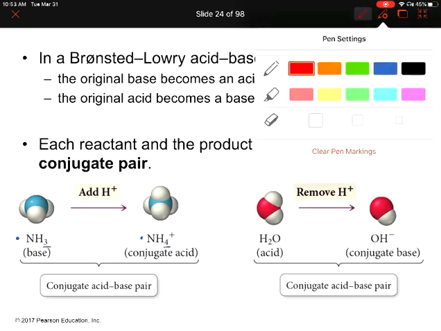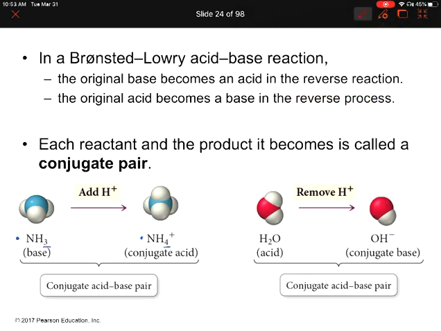And then our acid, water, lost a hydrogen and became the hydroxide ion, or the conjugate base. So one way that you can identify conjugate acid-base pairs is by looking at the difference in hydrogens. So for our acid and base pair on the right, initially we had 2 hydrogens, and then at the end we had 1.